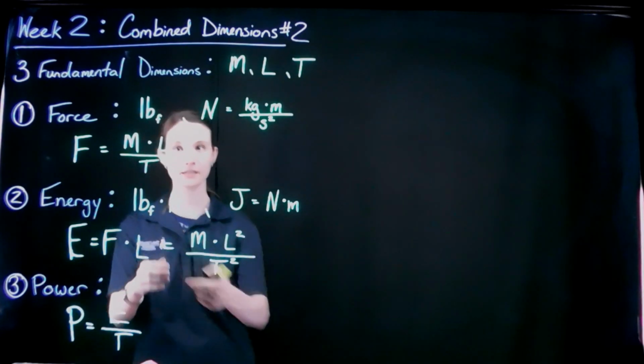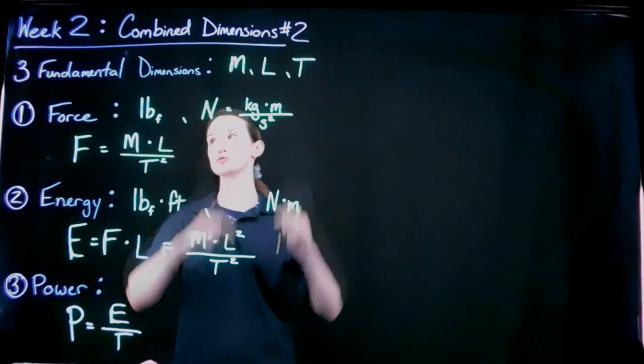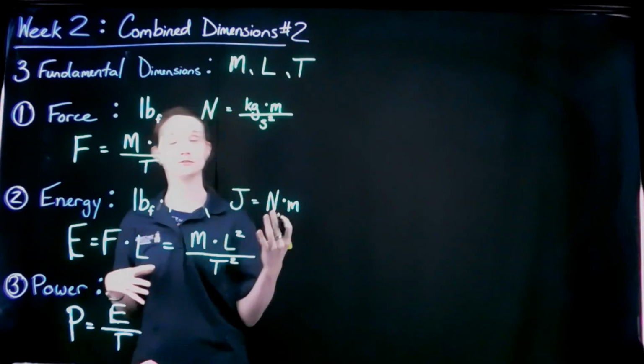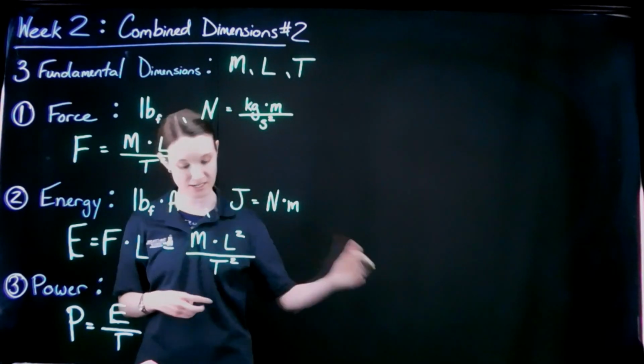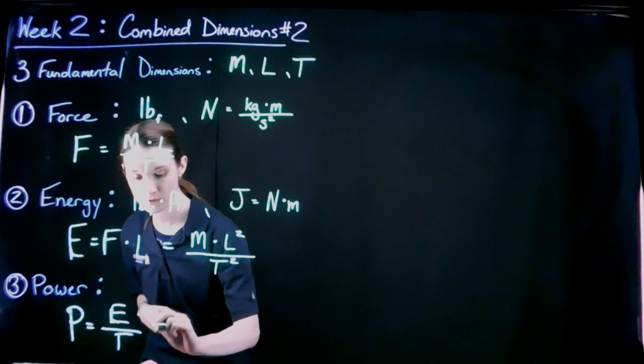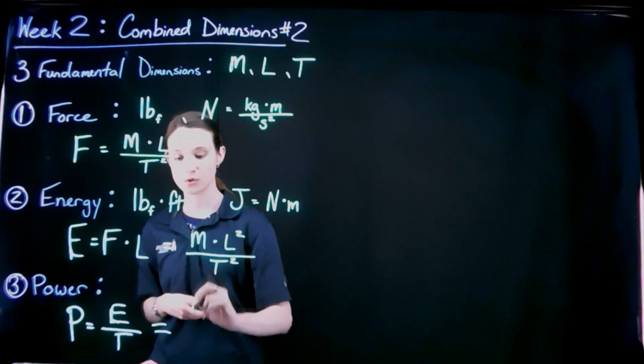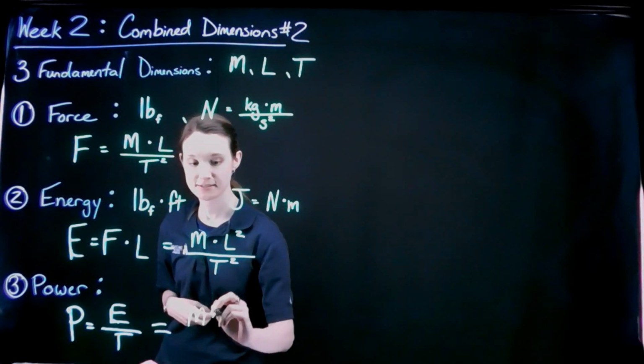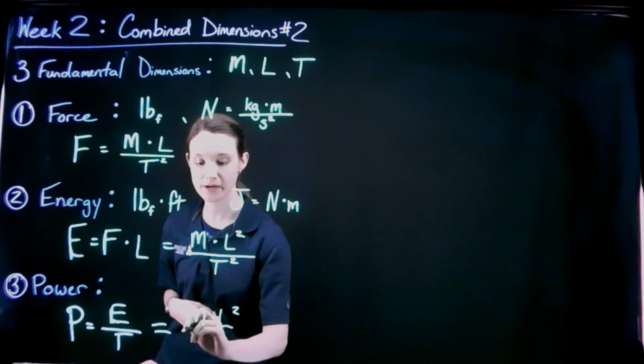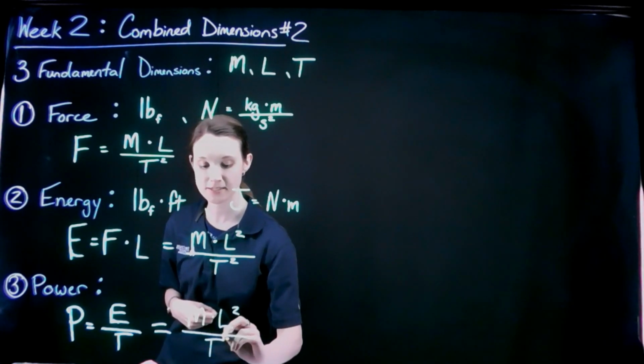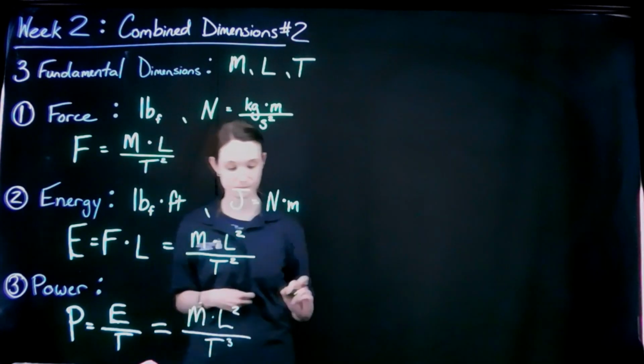Again, we can combine it all into just our 3 fundamental dimensions, mass, length, and time. So in this case, we have a mass times a length squared divided by a time cubed.